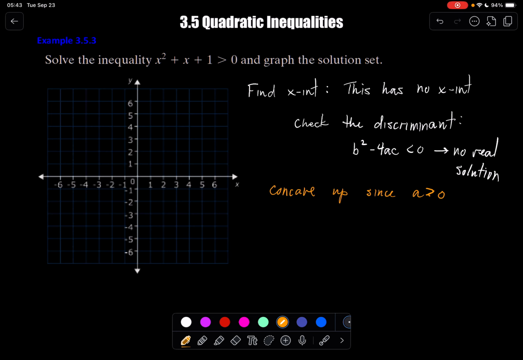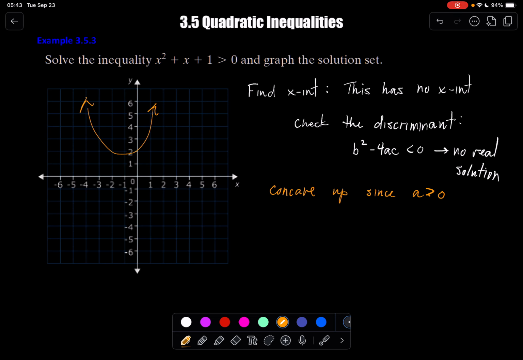Which means we know that it lies completely above the x-axis, right? Since it has no x-intercepts, we know it lies completely above the x-axis.